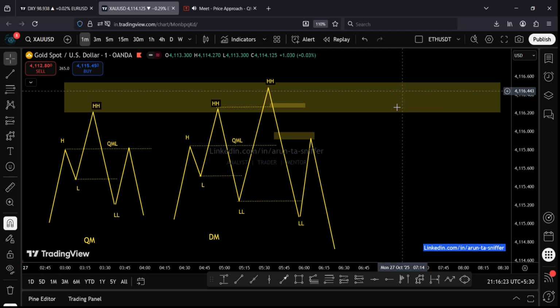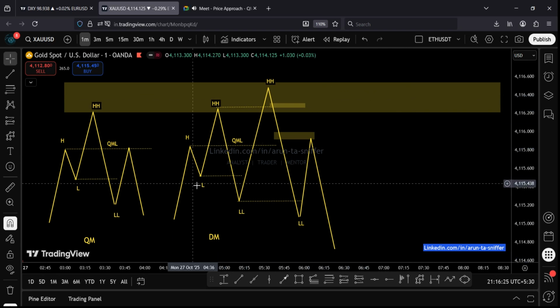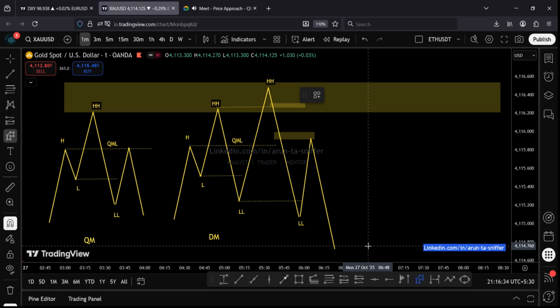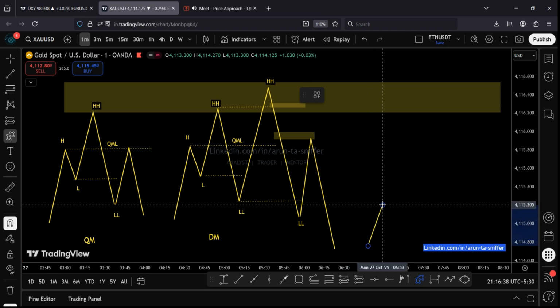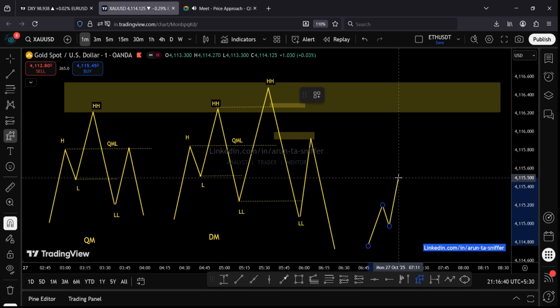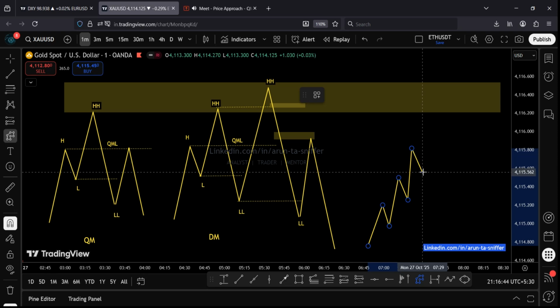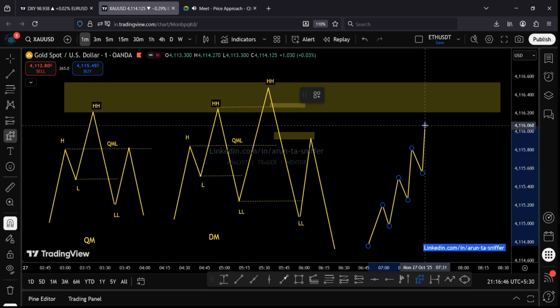Think like this is our zone, and when Cancan is created, price goes up like this, making high, low, higher low, higher high, higher low.